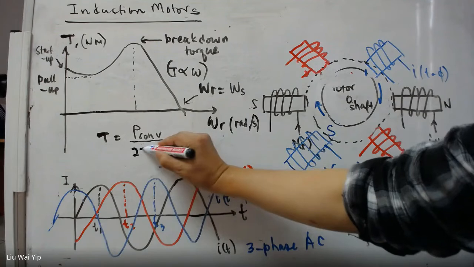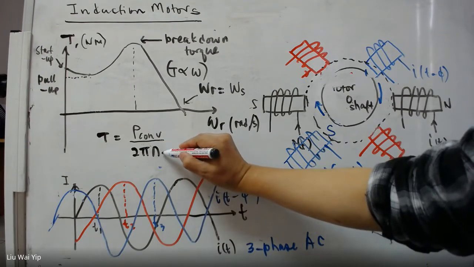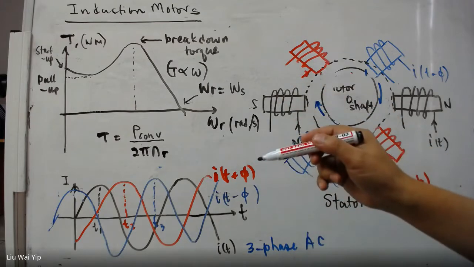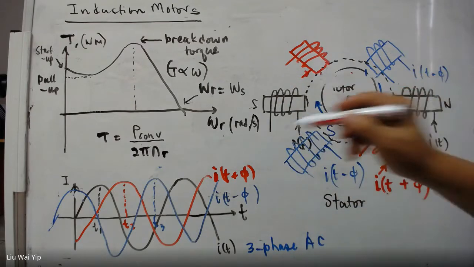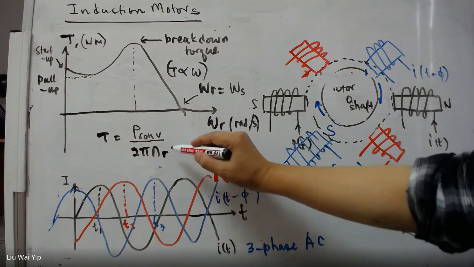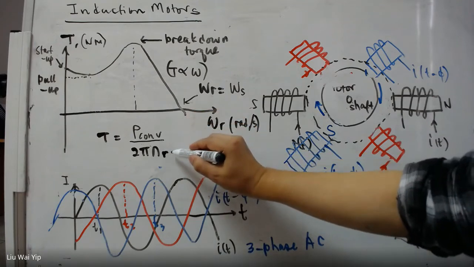2 pi nr, where nr is the angular speed in per minute. So in this case, we have to divide the bottom expression by 60.